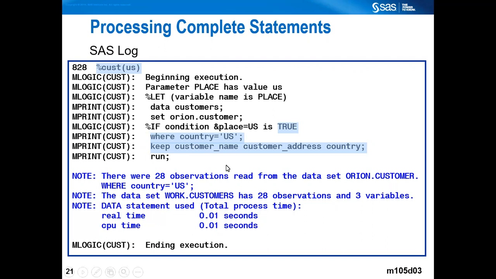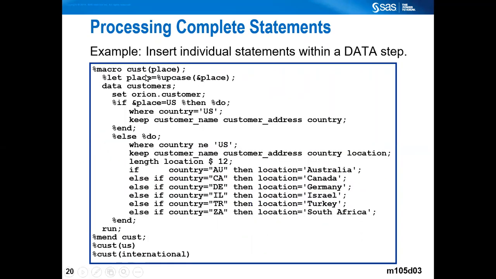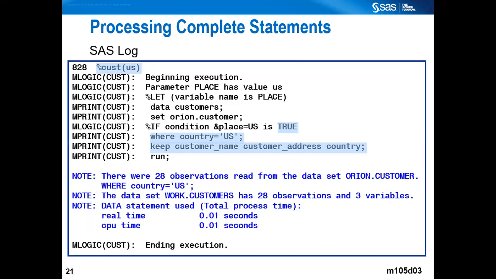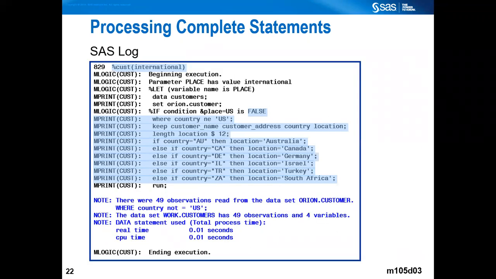So this is with complete statements, where you were creating a table called customers and extracting the information on country value US. If this is not true, then it should work with the criteria when country value is not equal to US. So overall, we had seen how your macro gets processed with conditional processing when we pass on the complete statements.